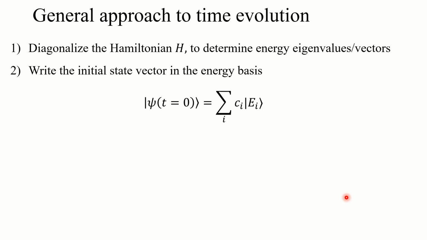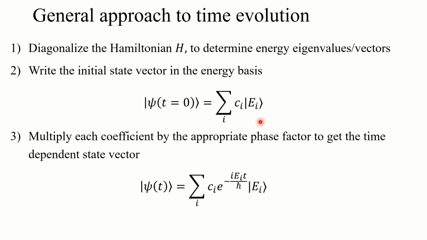When we have that, we can write the initial state vector in terms of these energy eigenvectors, in this energy basis. Once we have that, to get the system as a function of time, we just have to include this extra phase factor that depends on the eigenvalue of each of these energy eigenkets.